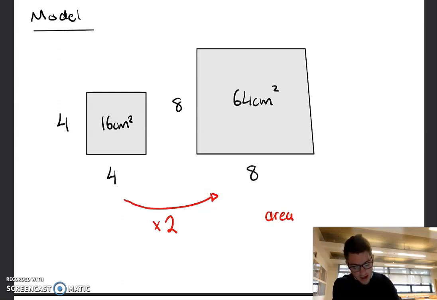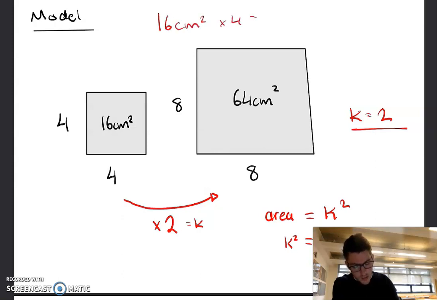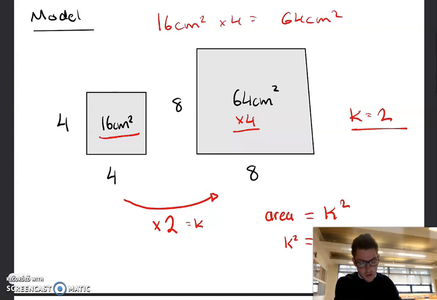I'm going to call this k. So whatever k is, k equals 2. The area goes up by a scale factor of k squared. So here it's going to be k squared equals 4. And we can see here 16 centimeters squared times 4 equals 64 centimeters squared. So the area here is 4 times this area here. And that's what we'll be looking for today.